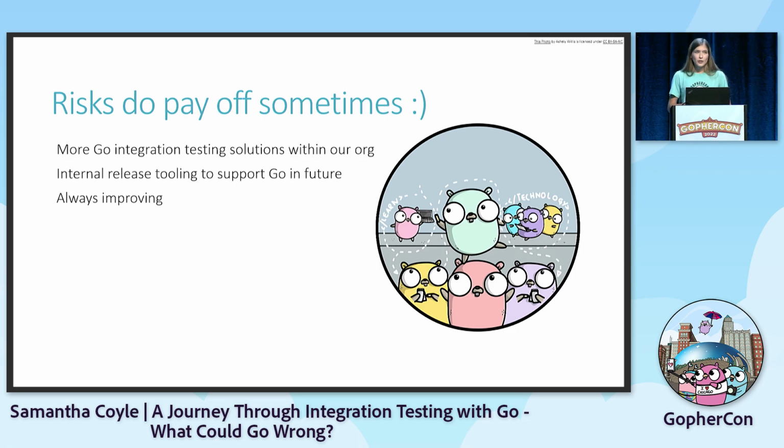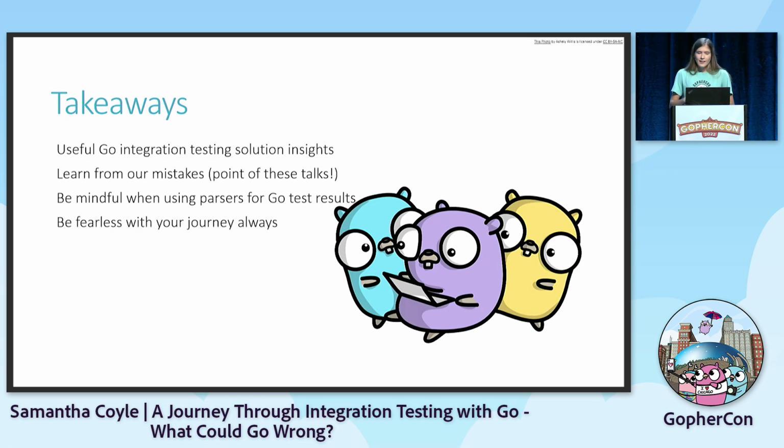We also have an internal release tooling team looking to support Go in future iterations to better enable us Go developers for our solutions, but also better enable a strong test phase for that software development lifecycle, SDLC. So we're always improving. Hopefully at this point, you've gotten some useful insights into some Go integration test packages, and you've seen our mistakes and learned from them just like we did.